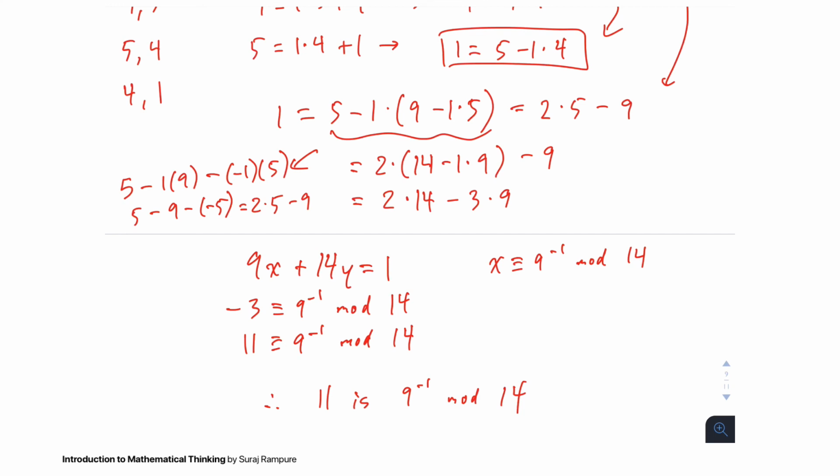Okay, can we verify that? Yeah, well, what's 11 times 9? Well, that's 99. Well, that's equivalent to 98 plus 1. And I believe 14 times 6 is 98. Right? So that's equivalent to 1 mod 14. So it looks right. Yeah? We don't care about the y.